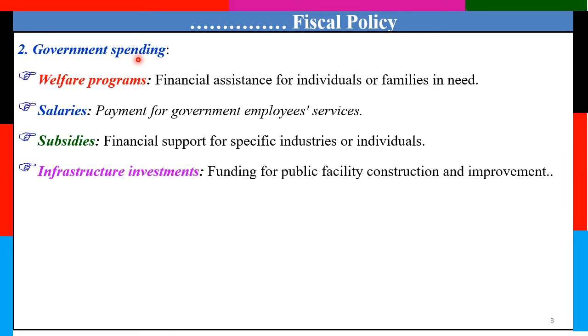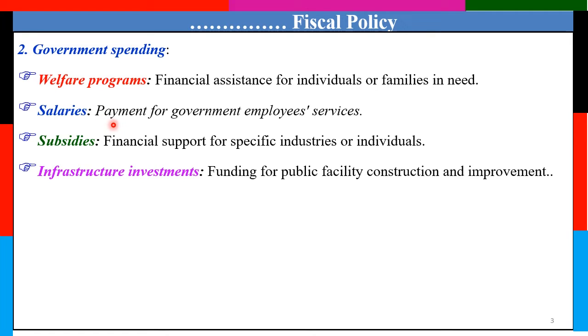When we say the government spending, it may be the government expenditure on what? The welfare programs, such as financial assistance for the individual or the family in need. The government expenditure may be for the poorest class. This is what the welfare program means.